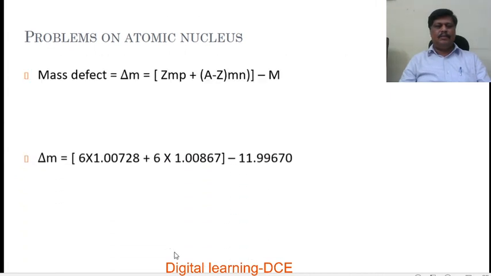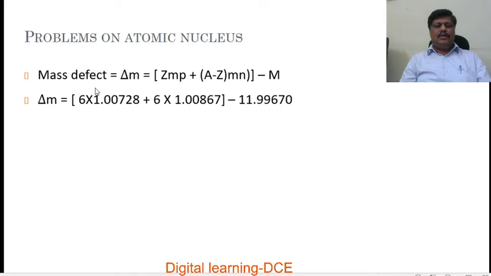We know that mass defect is equal to Z into Mp plus A minus Z into Mn minus mass of the nucleus, that is capital M. So atomic number is 6, 6 into mass of each proton plus 12 minus 6, that is 6, into mass of each neutron gives the total mass of protons and neutrons, minus mass of the stable nucleus gives the mass defect of 6-carbon-12 nucleus, 0.09990 AMU.